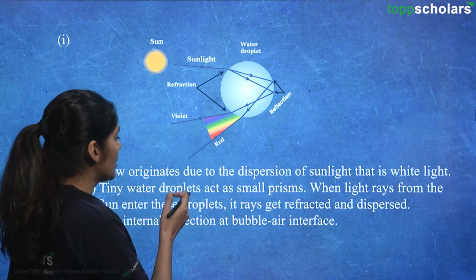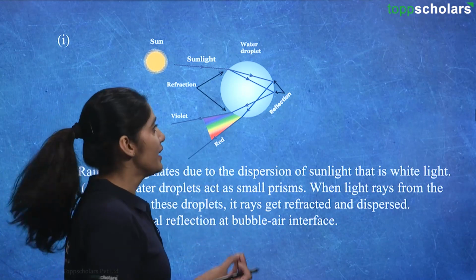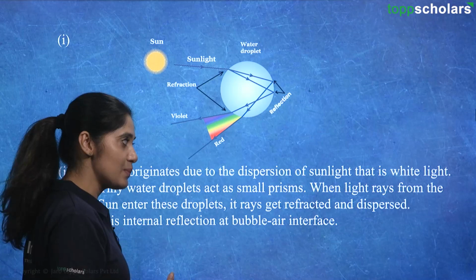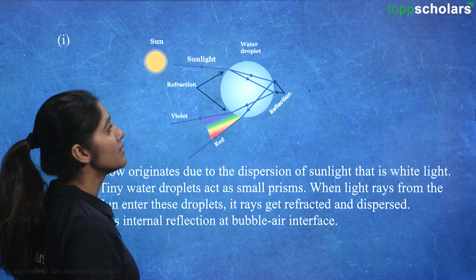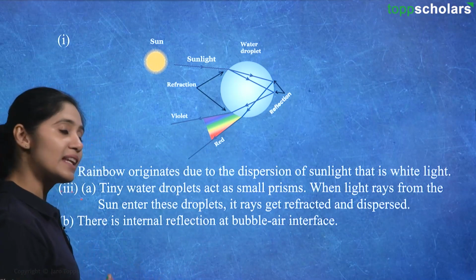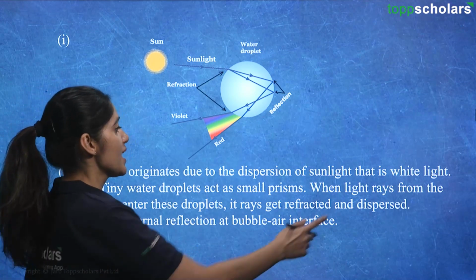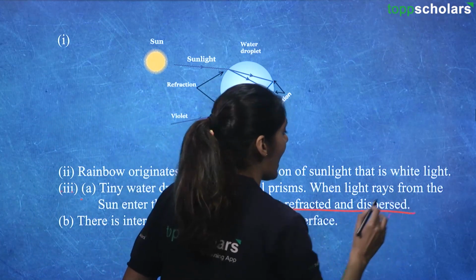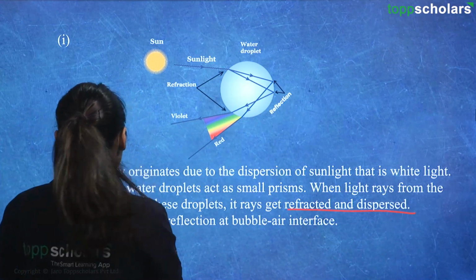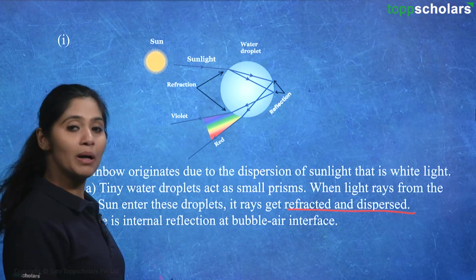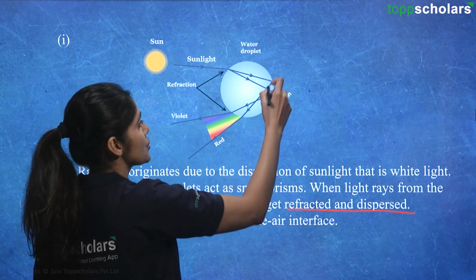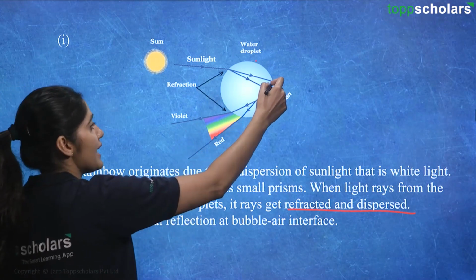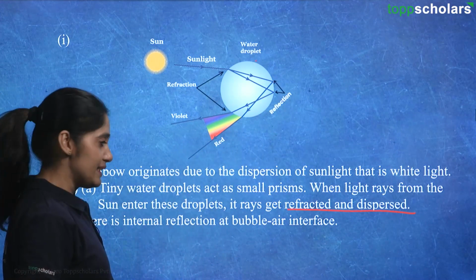Then a tiny water droplet acts as a small prism, right? Like we discussed. So here is the rarer medium where air is present, and when it gets inside the denser medium, that is the spherical water droplet, what happens? The light from the sun enters these droplets, it gets refracted and then dispersed, right? There is internal reflection at the water-air interface. So the rays again get reflected, right?